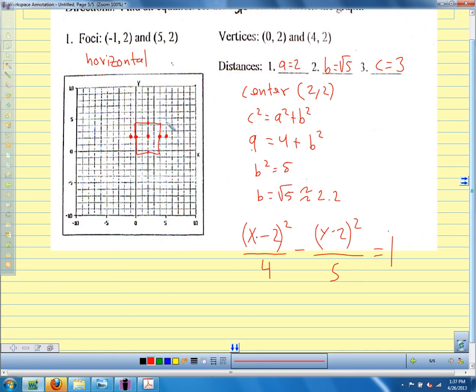My asymptotes are connected through the corners of the boxes. So I'll draw my asymptotes. There's one asymptote. Go through the corners of that box.